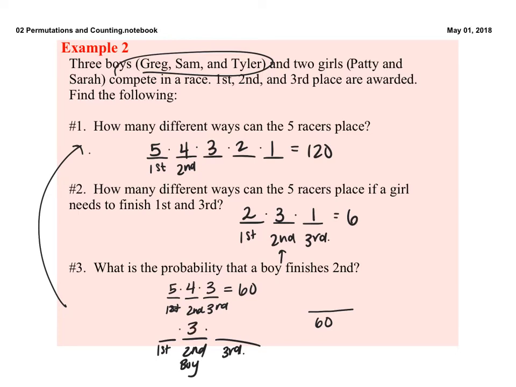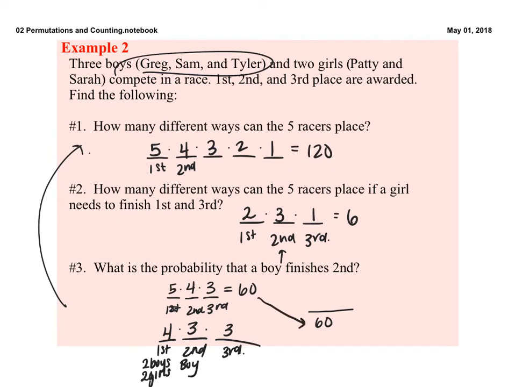But once I select a boy, we're down to only 2 boys. For first place, it could be those 2 boys that were left over, or it could be one of the 2 girls. So I have a total of 4 choices for that first slot. One of those kids will be selected. It doesn't even matter if it's boy or girl.